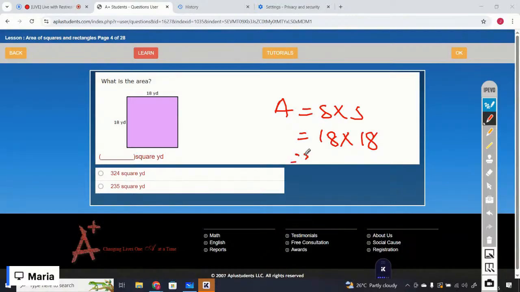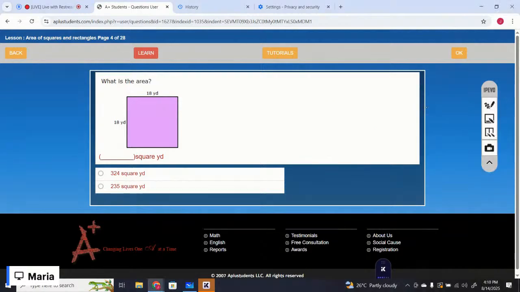So that would be 324 square yards. Option number 1 is the correct option.